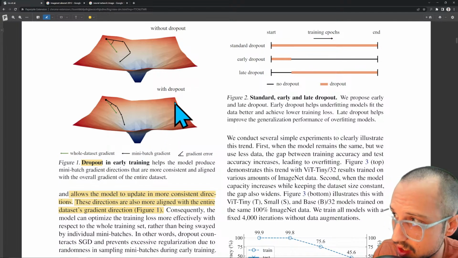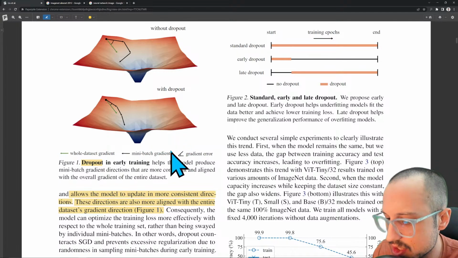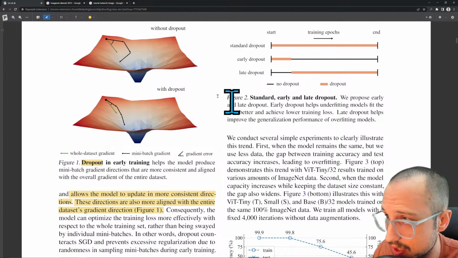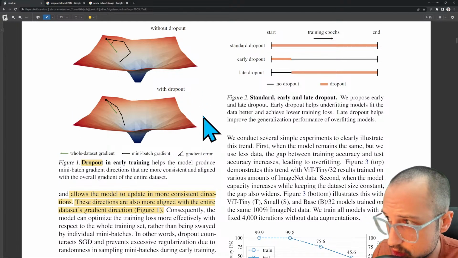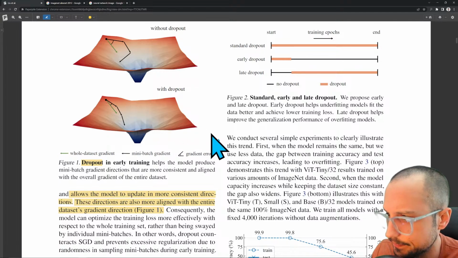So this surface, this manifold, is going to depend on the task. A different task and neural net is going to have a different manifold like this, right? Anything you change is going to change the surface. So you can't know what this surface looks like beforehand.